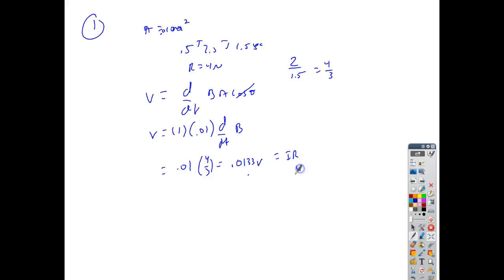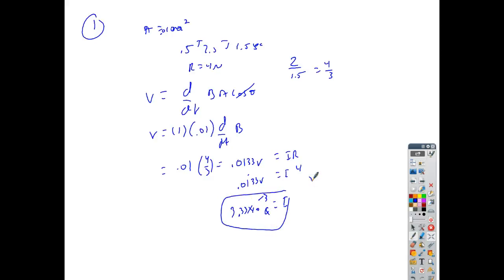My R is 4. Divide by 4, I get 3.33 times 10 to the negative third amps.